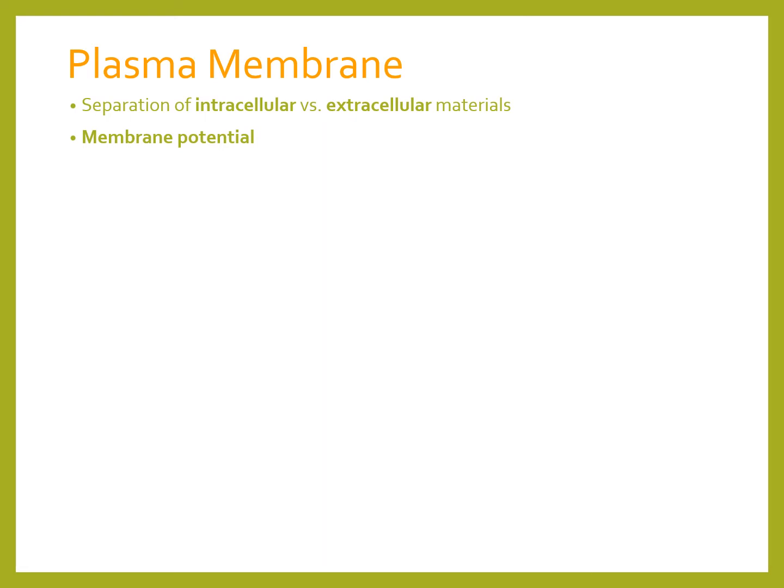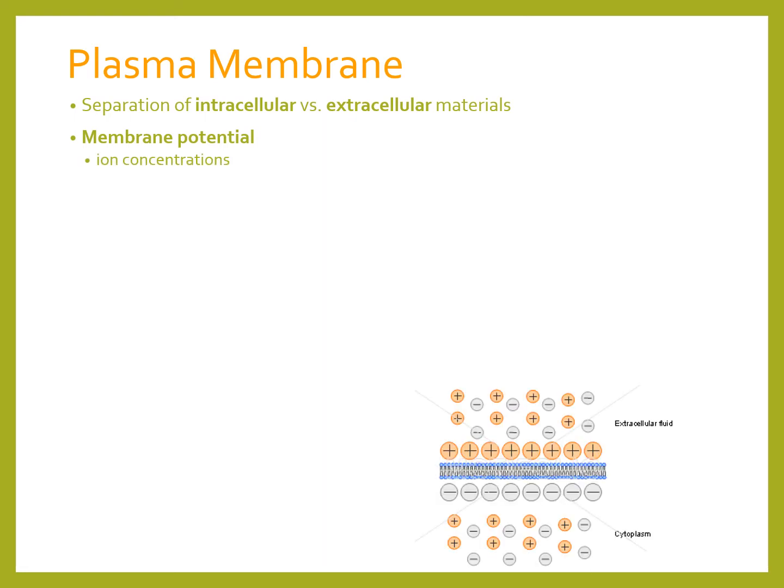The membrane has some potential. Ions concentrate on either side. The hope is always to make it so that homeostasis is going on. So if one side is positive, the other one should be negative. This is important for transportation.